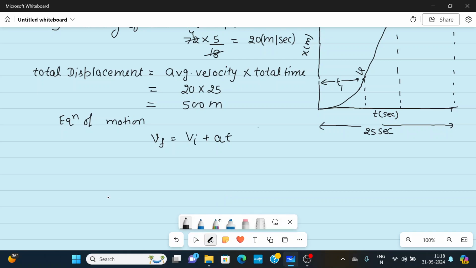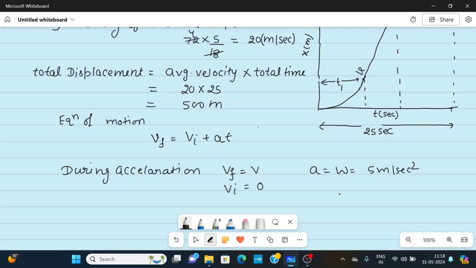Now during acceleration, final velocity is equal to v, initial velocity is equal to 0, acceleration here is equal to w, which is equal to 5 meter per second square, and time during acceleration is t1.